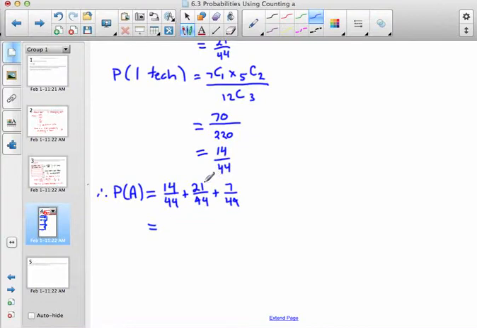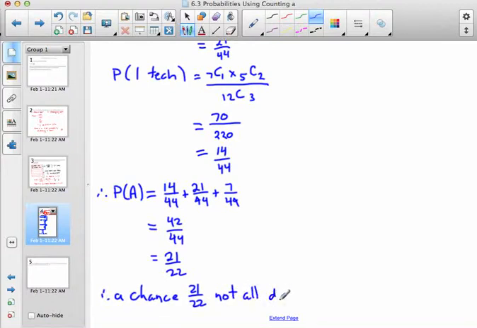And that gives us, well, 14 plus 21 plus another 7 is 42 out of 44, which simplifies to 21 out of 22, a really high chance. So there's a chance of 21 out of 22 of not all doctors.